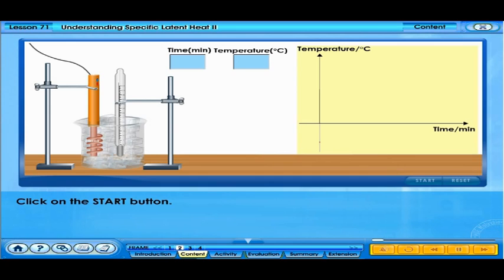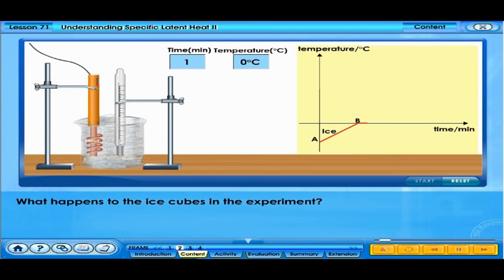Click on the Start button. What happens to the ice cubes in the experiment?